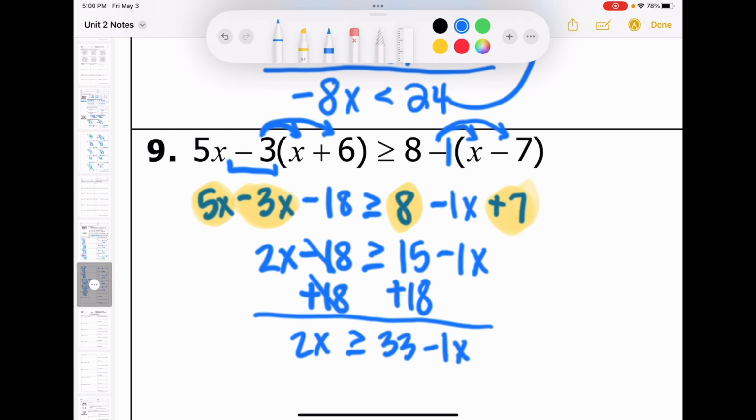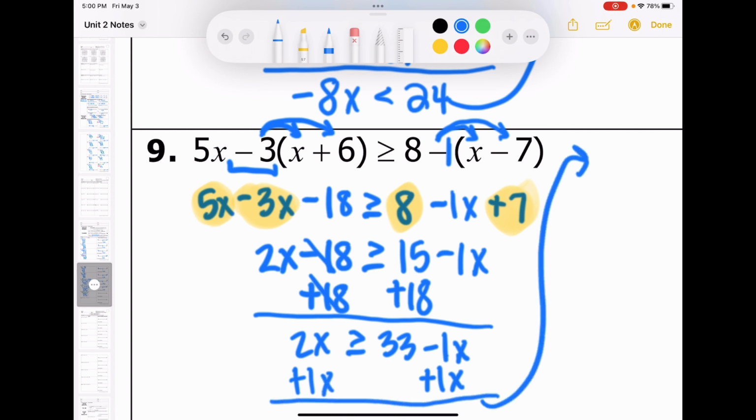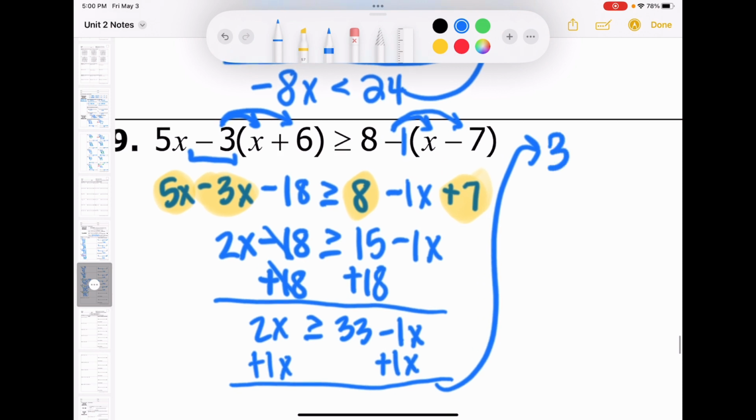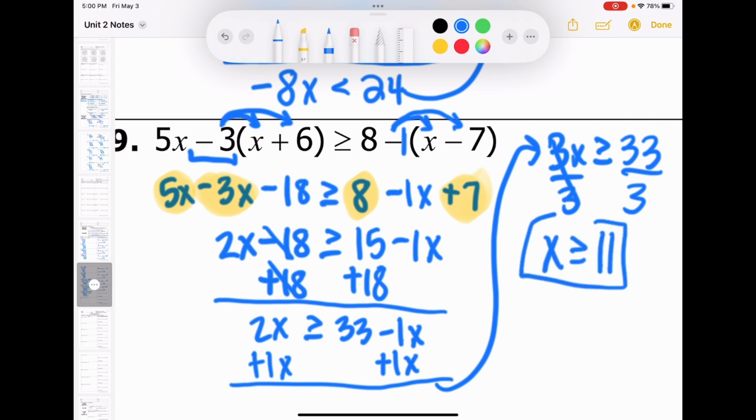And then I need to move that -1x to the other side, so I'm going to add 1x to both sides. So that's going to leave me with 3x is greater than or equal to 33. And then my last step is to divide by 3. So x is greater than or equal to +11.